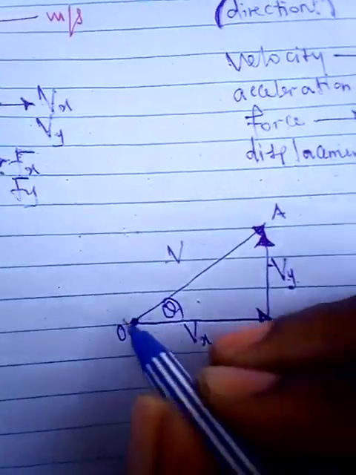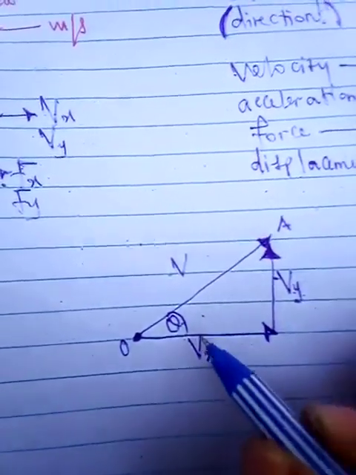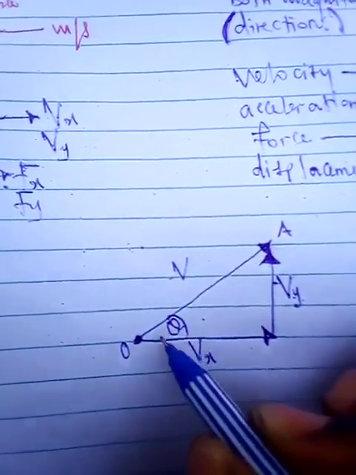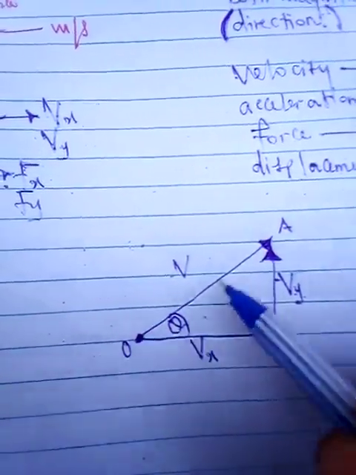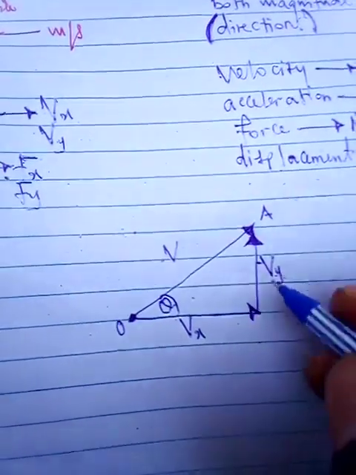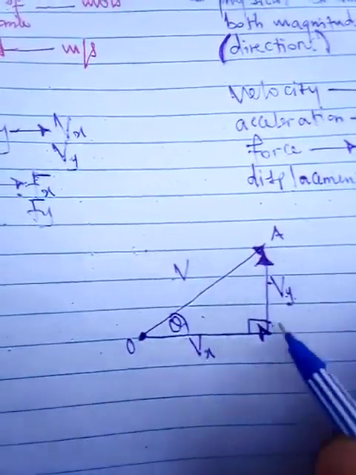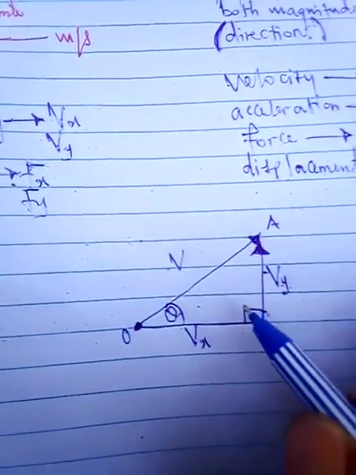There is an angle that is being generated as these components branch out, and this angle here is being made specifically between this vector with its x component that we have down there. It's a 90 degrees triangle pattern that is just going to be created.